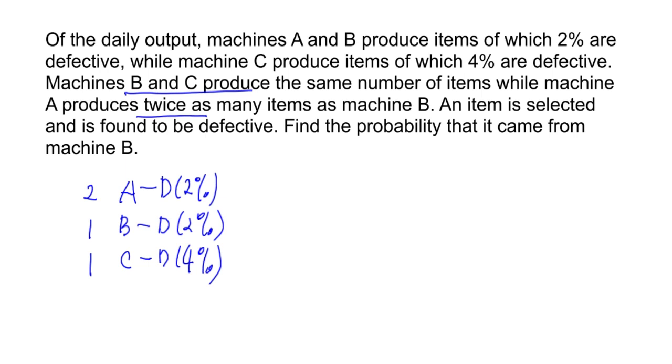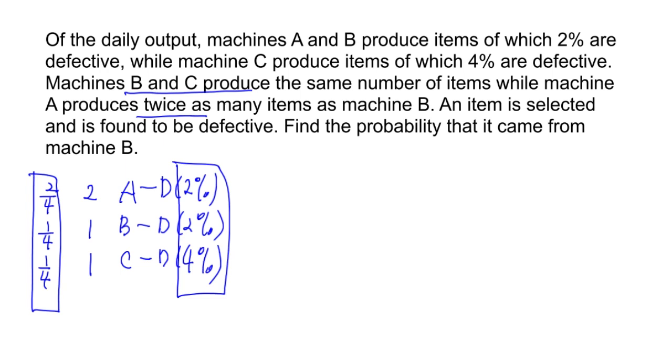So if you choose an item, what is the probability that the item was made by machine A? This is 2/4, correct? And machine B has a probability of 1/4, and machine C a probability of 1/4. Do you understand the meaning of this one and this one?